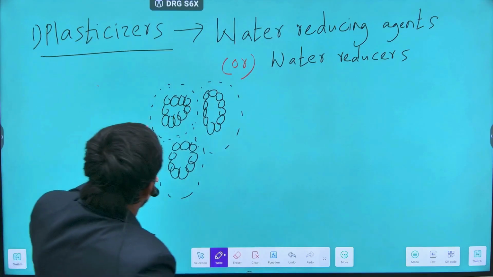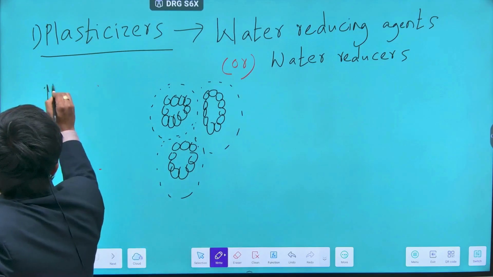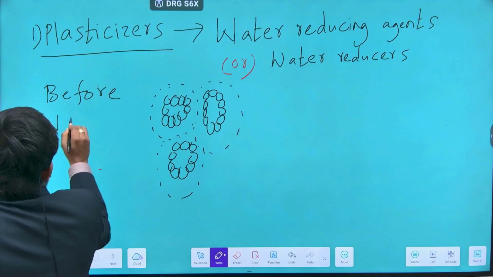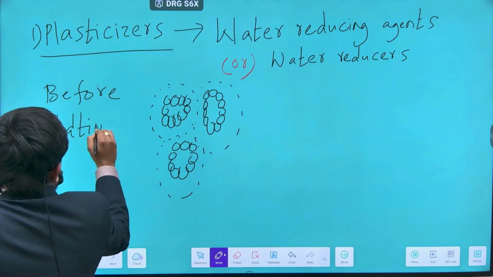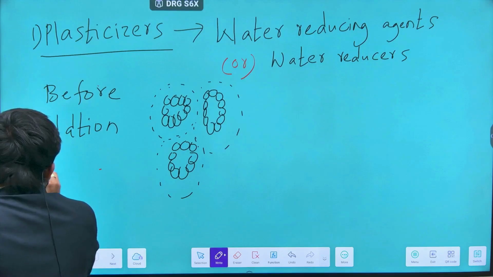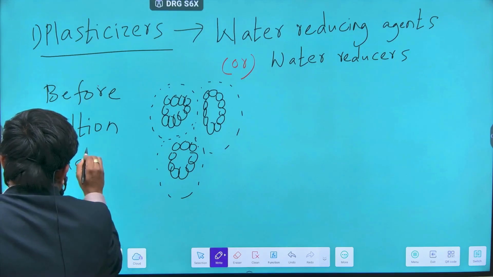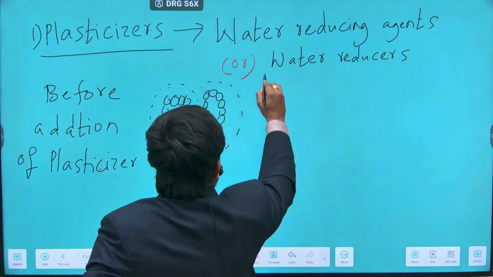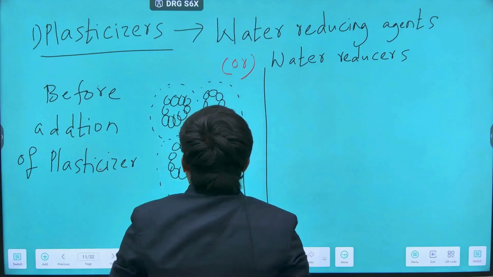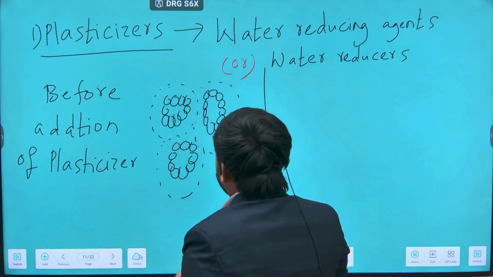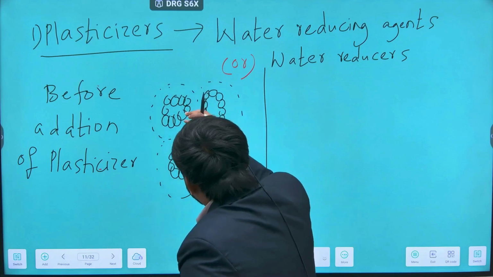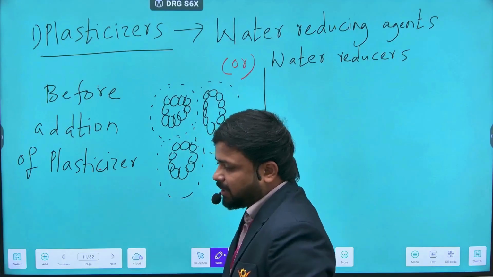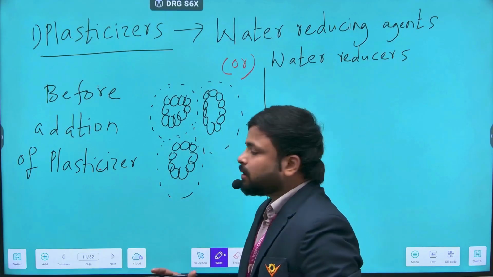Before addition of plasticizer, and now I have added plasticizer to the mixture. What is happening is that the friction between the particles has been completely gone.